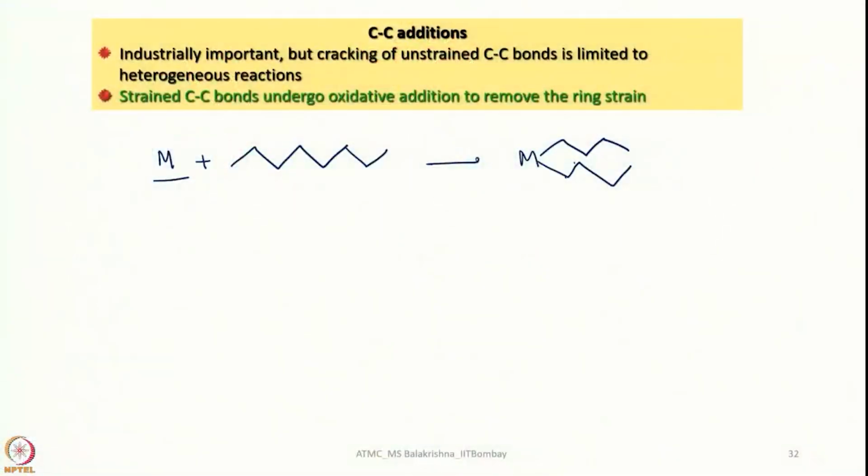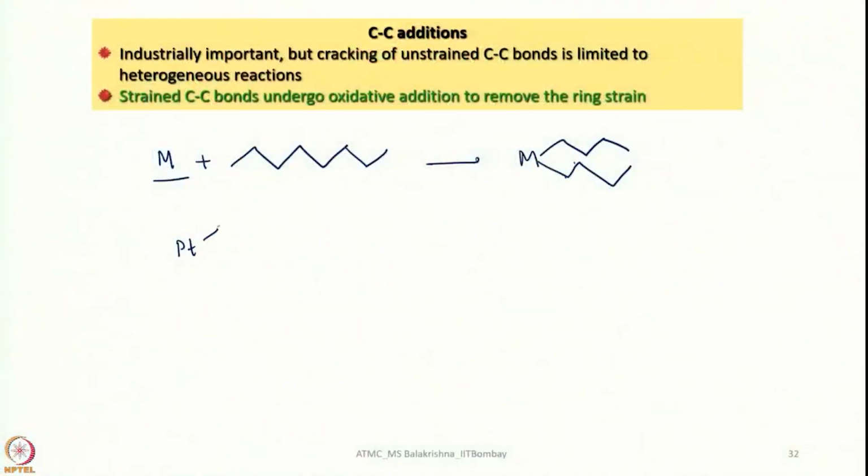Then I was telling you about strained rings. Let me give an example of how strained rings can break the CC bond and that can be added onto the metal. I am considering here a well known complex, I am sure you are all familiar with this compound.